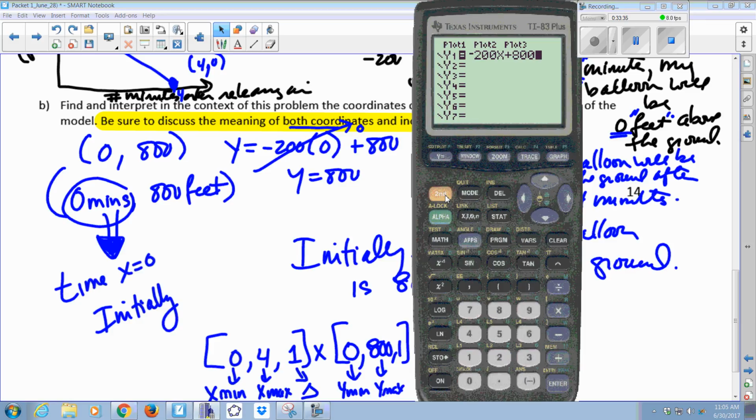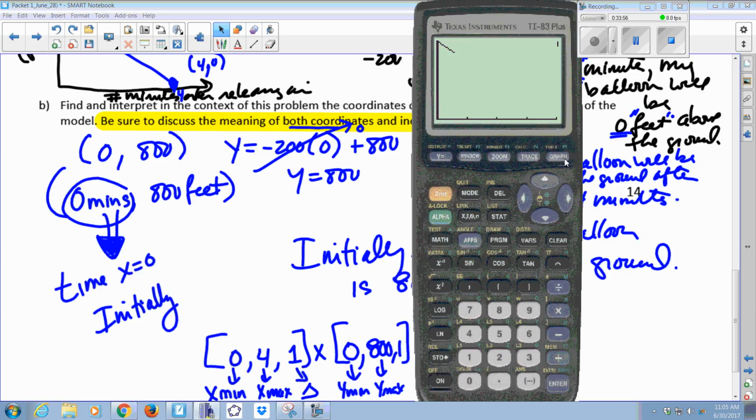So x minimum is 0, x maximum is 4, because after 4, your height's going to be negative, and that makes no sense. Your y minimum is 0 feet above the ground, and the maximum is where it's starting out, at 800 feet.